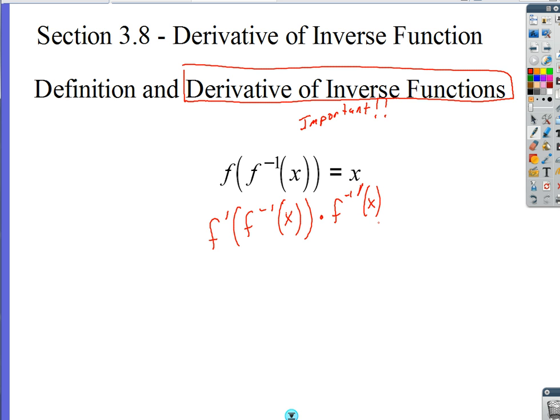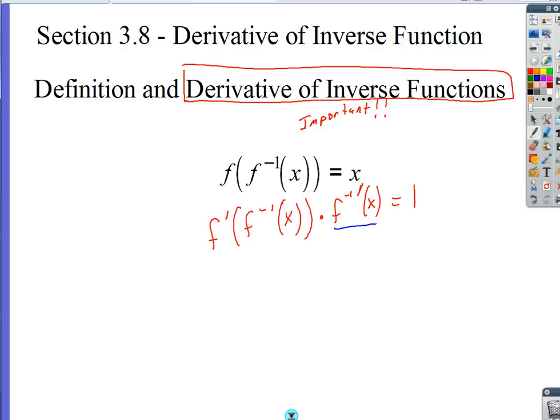F inverse prime of x equals the derivative of x, which is 1. The reason I was pausing is because I want to know what the derivative of the inverse function is and what the relationship is. So why don't we solve for it?